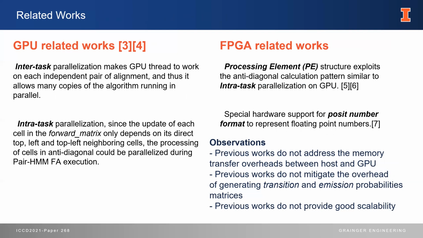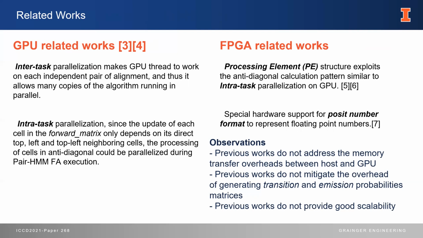The first one is intertask, and the other one is intratask. The intertask approach computes different pairs of sequence alignments in parallel. The intratask approach goes inside each pair of sequence alignment and explores parallelization during the algorithm update or execution.